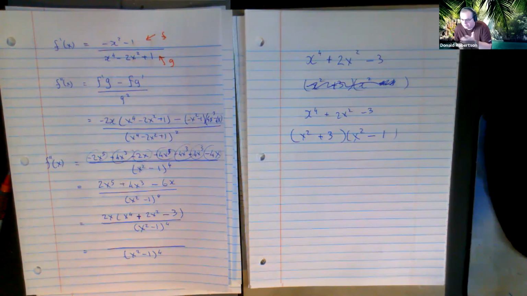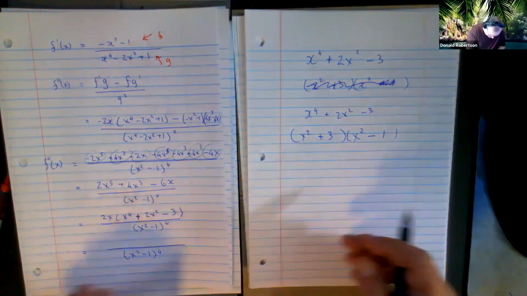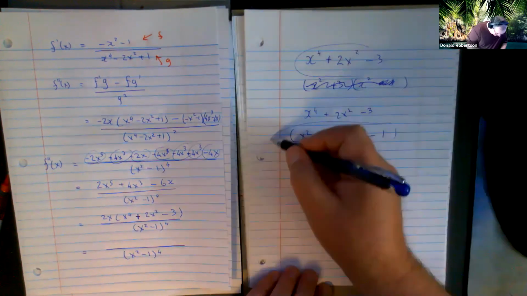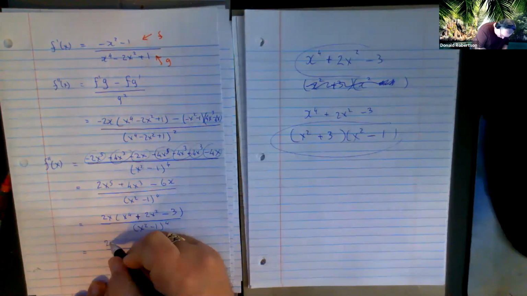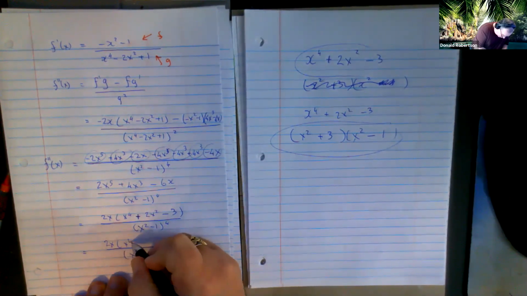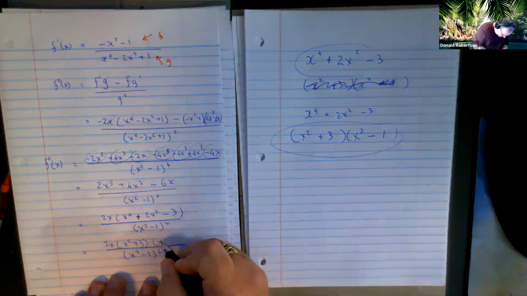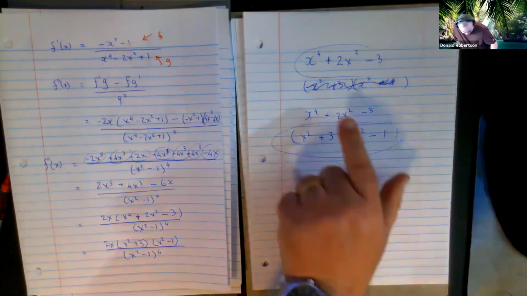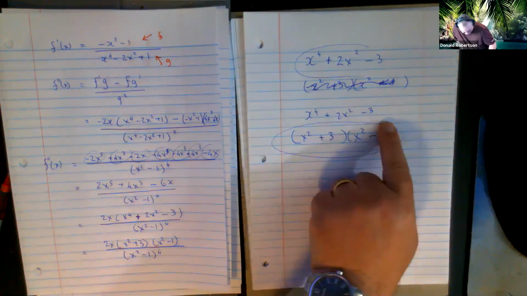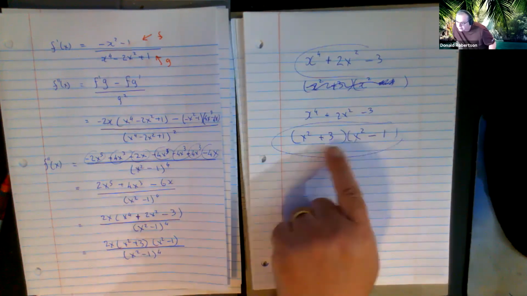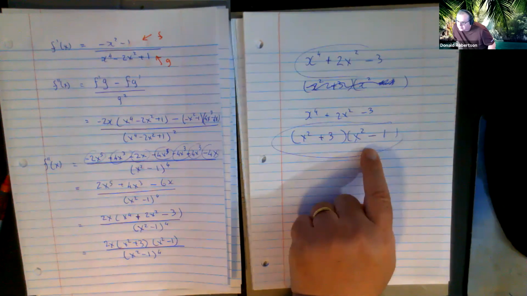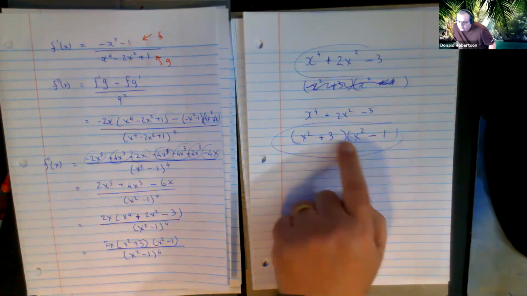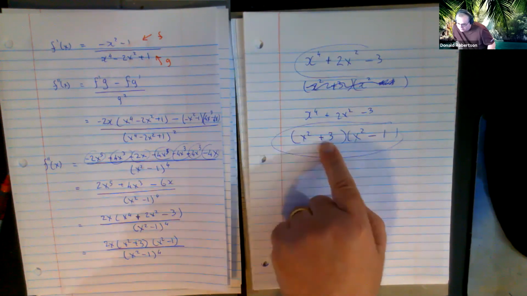Now you might say, well, how did you even know that it was wrong? Because the other one worked fine, right? Well, I kind of know it does, because if this guy factors as this guy, now what do I have? I have 2x, I have an x squared plus 3, and I have an x squared minus 1. Are you okay with trinomials that look like this also being factored? x to the 4 gets you x squared and x squared.